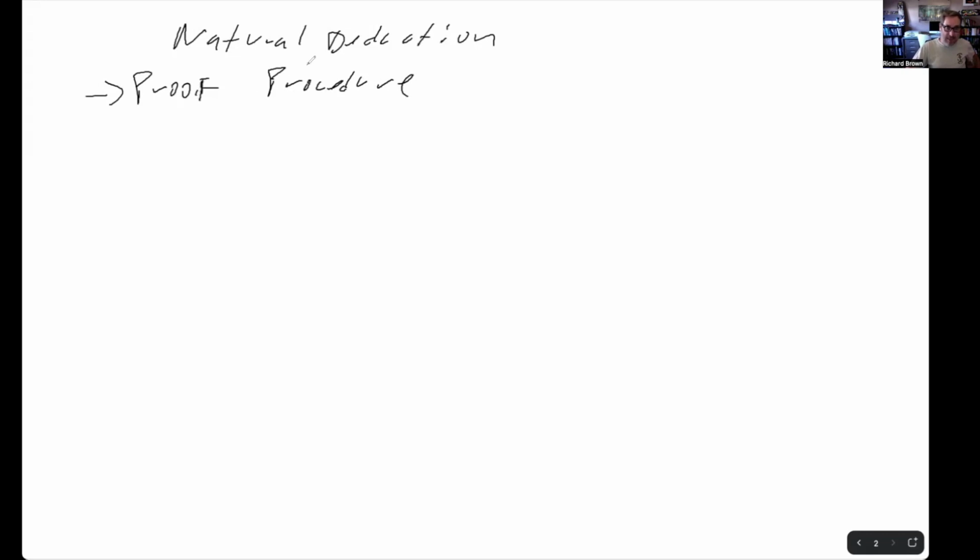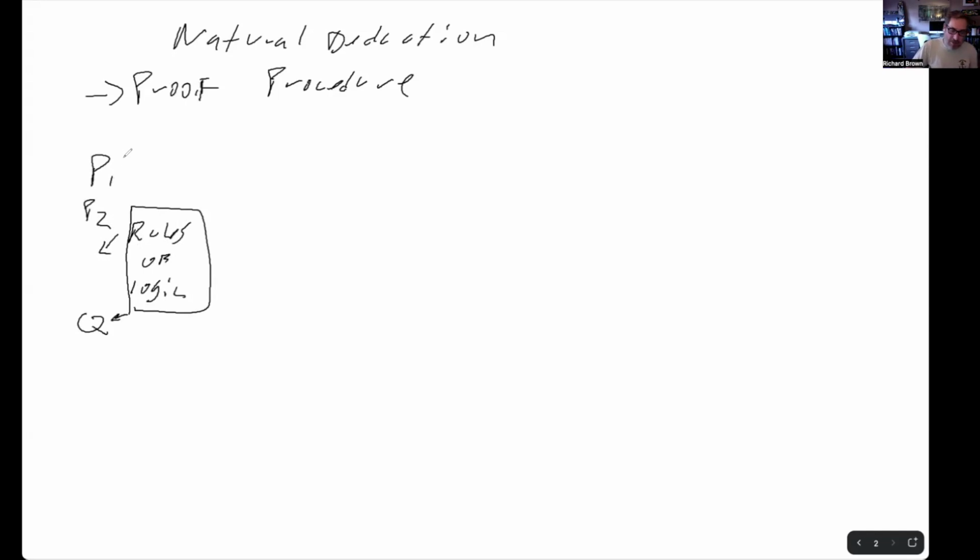So for the next little bit, we're going to focus on how you could prove that an argument entails its conclusion. Basically, what you want to do when you have a proof is start from the premises, whatever they are, and show that by using only the rules of logic, you could get the conclusion to follow from those rules plus the premises.